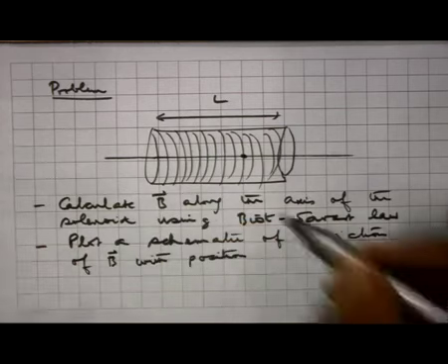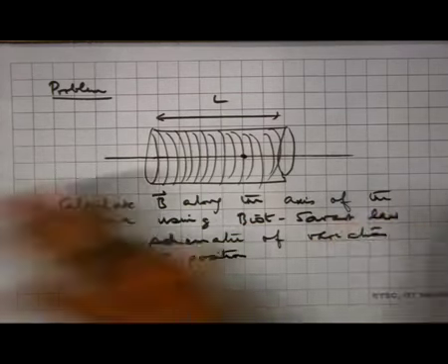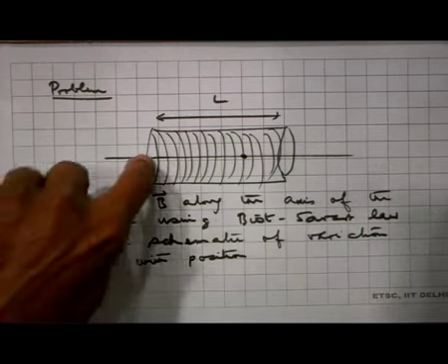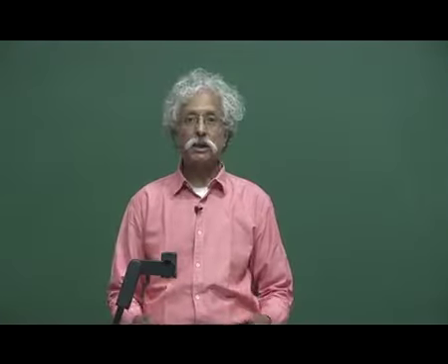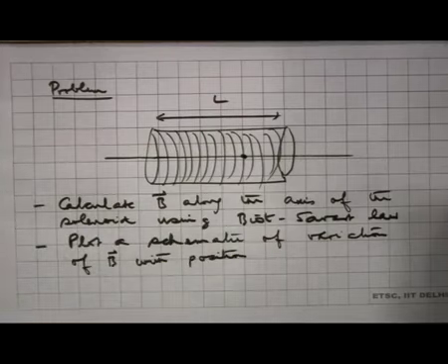So, take an arbitrary point and calculate the total magnetic field at that point along the axis because of all the coils. We had actually done it only at the edge, but I will leave it as a problem. It is a very simple extension of that example, and I will urge you to plot the magnetic field along the axis of the solenoid.